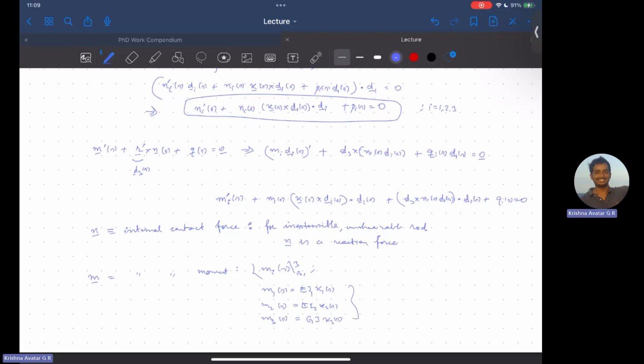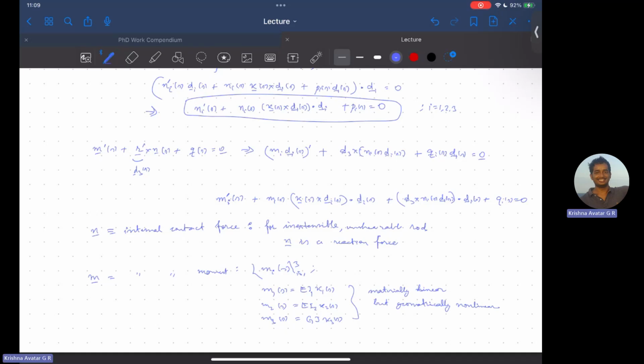And they are what we call materially linear, but geometrically nonlinear. And that is the distinguishing factor here.